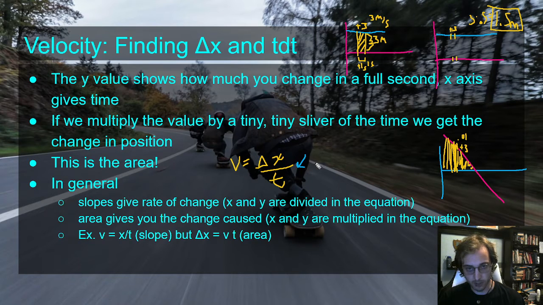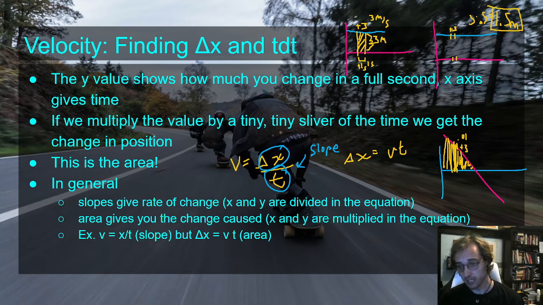This division symbol means that if you have a position graph and a time graph, dividing the two, finding the slope, gives you the velocity. But if we look at the equation for position in terms of velocity, it's a little different. Position in terms of velocity is equal to velocity times time. Because the two things we're graphing are multiplied, that means we're going to need to find an area.